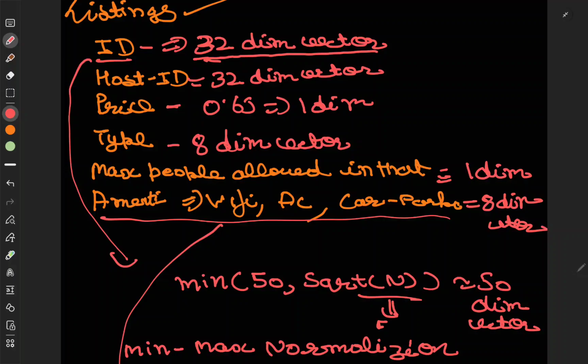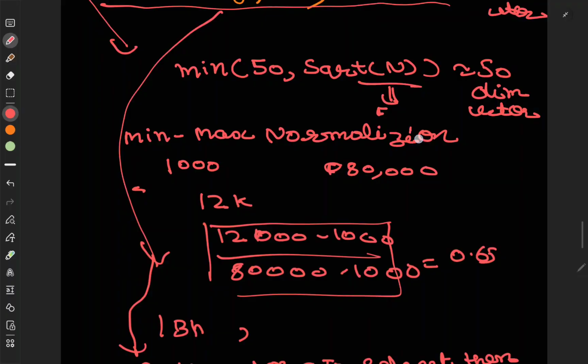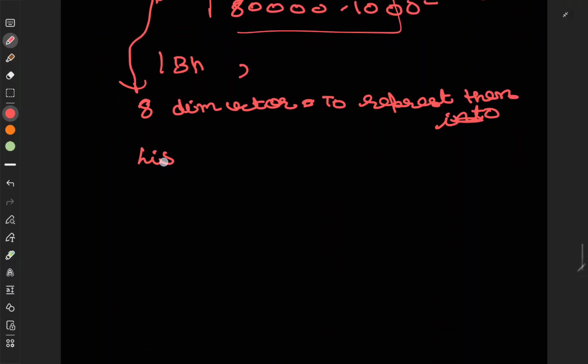So if you now add all of them up, 32, 64, 65, 65 plus 8, 73, 74, and so on, basically a particular listing could be represented using an 82-dimensional vector.